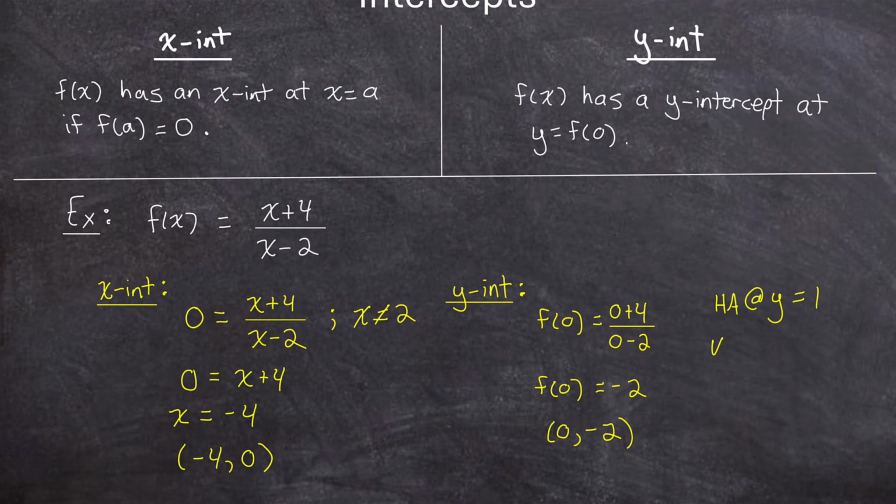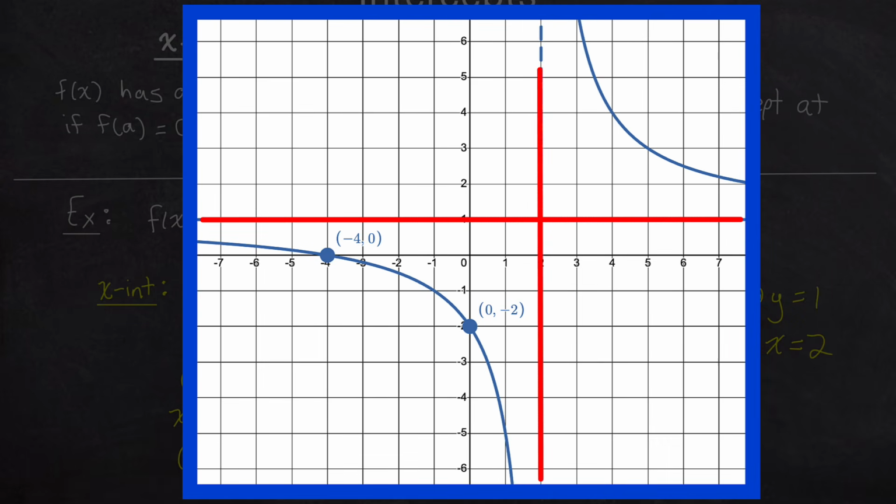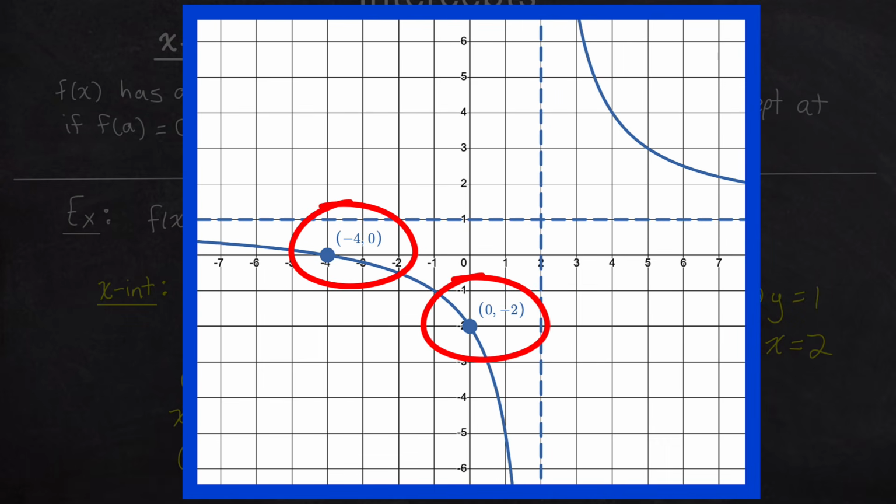And there'll be a vertical asymptote at x equals whatever the restriction on x is. x cannot equal 2. Subbing 2 into this function gives me 6 over 0. A non-zero number over 0 is a vertical asymptote. So vertical asymptote at the line x equals 2. And now looking at this graph, we'll see those asymptotes, and we also see the x-intercept of negative 4 and the y-intercept of negative 2.